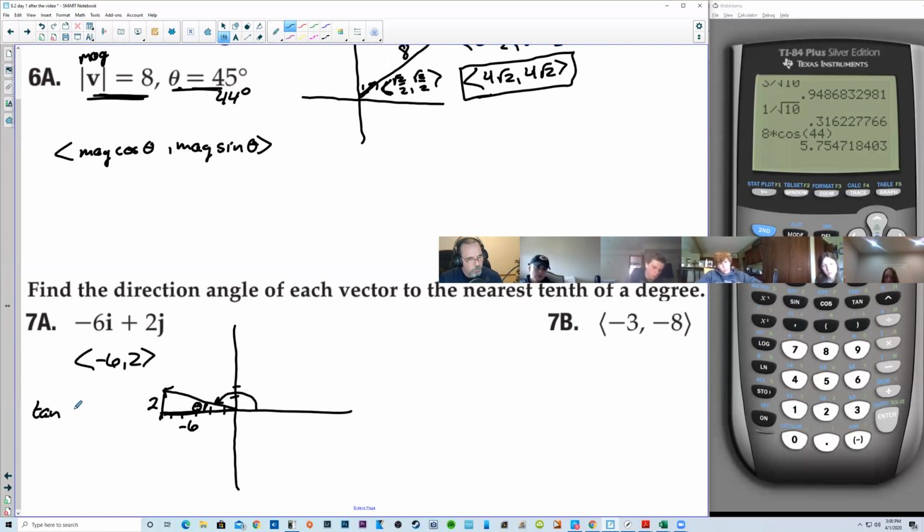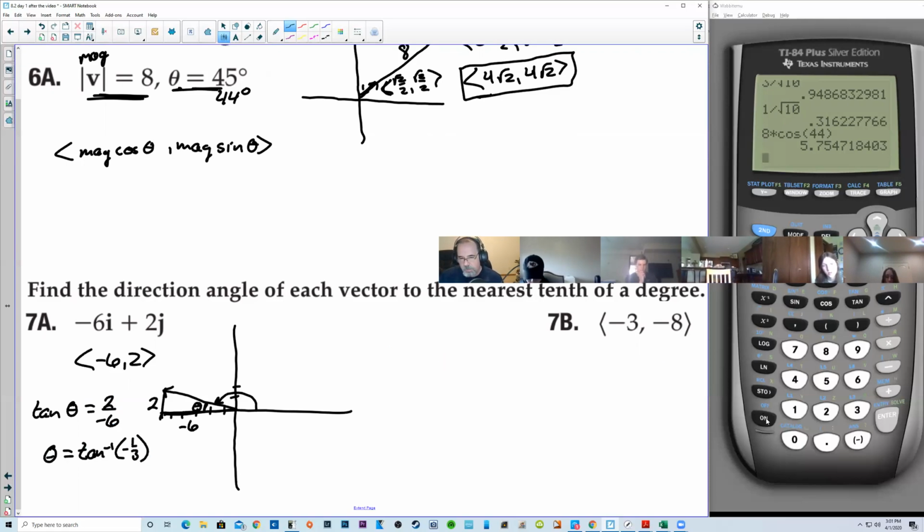So to find the angle, we're going to take the inverse tangent of both sides, and that reduces to -1/3.